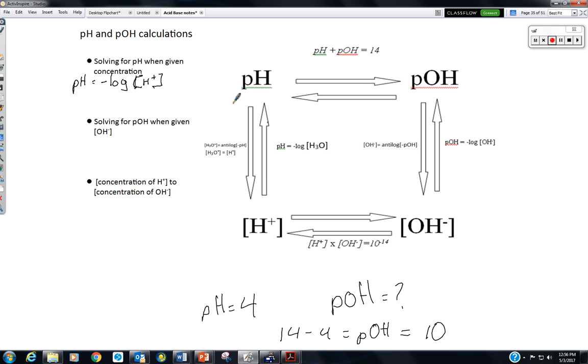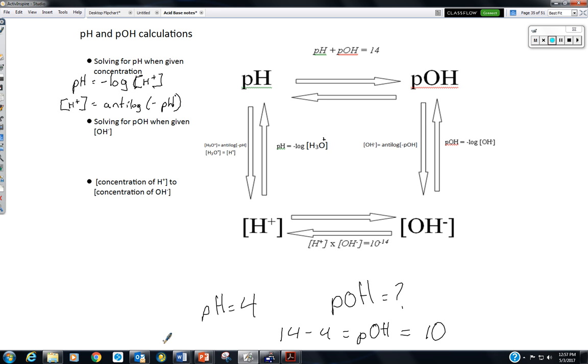I just use the H plus because it's quicker. Remember that this is a positive as well. So now, if we are given the pH and we want to know the concentration of hydrogen ions, we can go the other way. It's going to be equal to the antilog, or second log, of the negative pH.